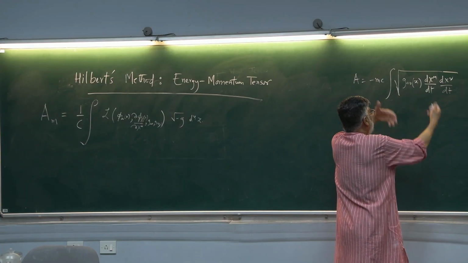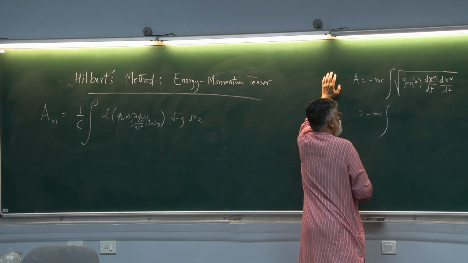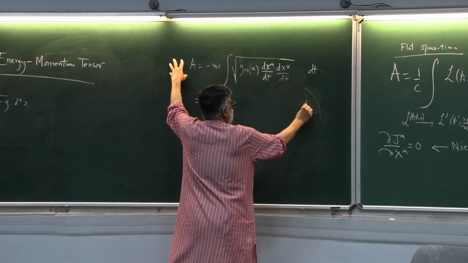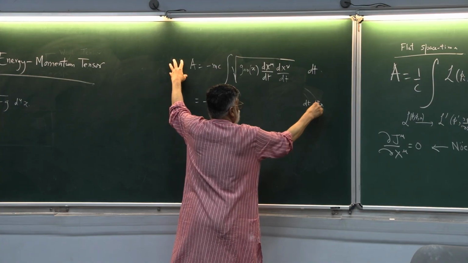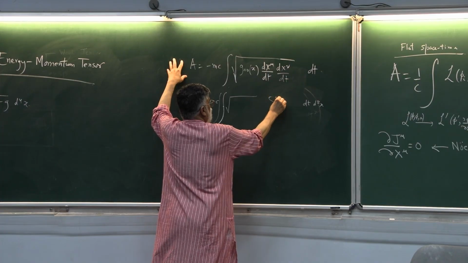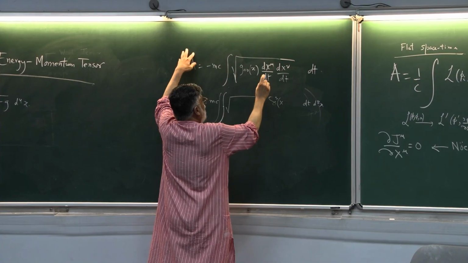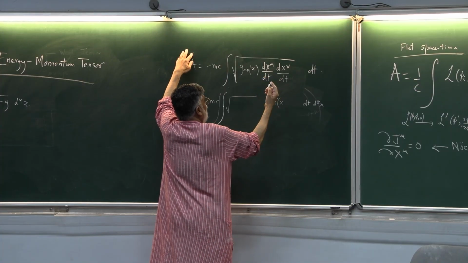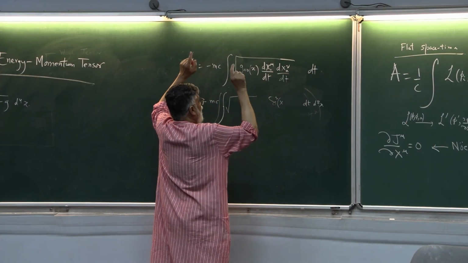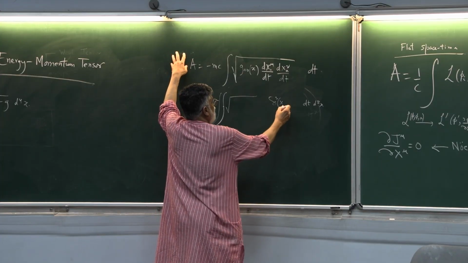But I can write it as a Lagrangian density by doing this trick. Label the particle as A. So this is for the Ath particle.